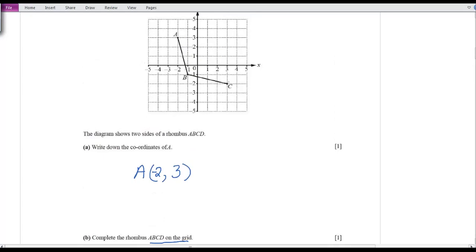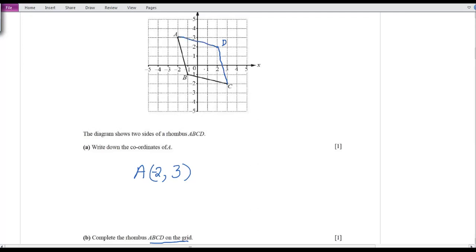In the same way, if you have to make a rhombus here, it can go straight up. How many steps? Like from here, 1, 2, 3, 4 steps up, and then 1 step left. That will become the point D. Okay, so then join this one. It will become a rhombus now.